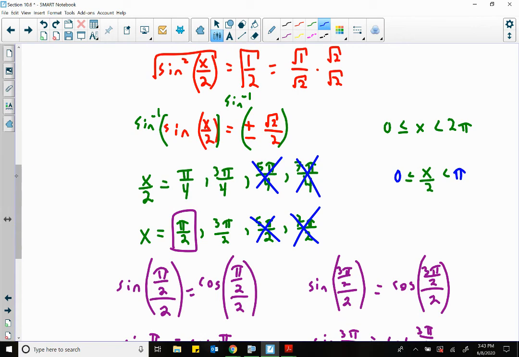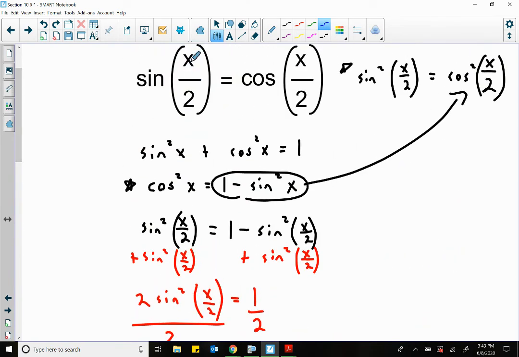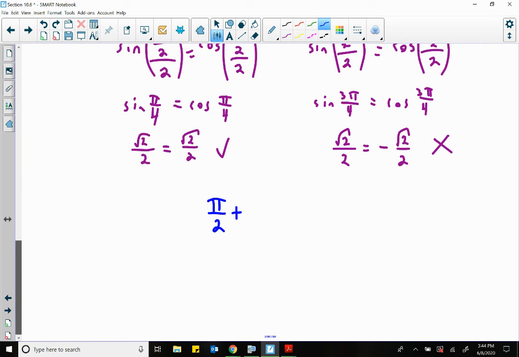When we began this, our x is all about x over 2. Okay? What's the period of sine and cosine? It's 2 pi. But remember, that's a normal period. Okay? We are dealing with a half angle period.